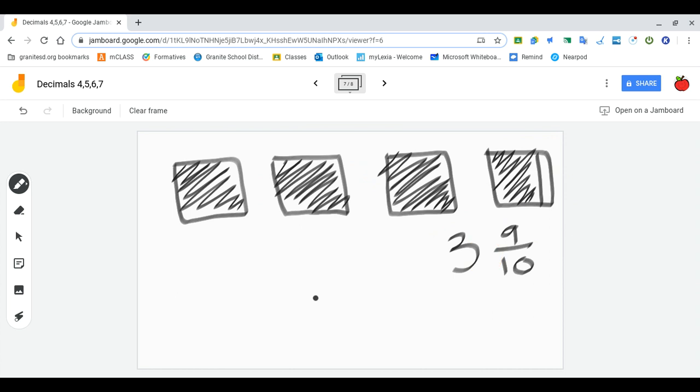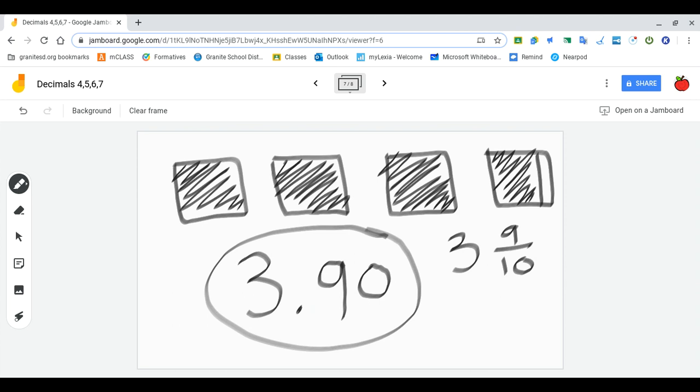So I would write this as a decimal starting with my whole number, 3 and 9/10. Both would be correct with or without that extra 0. But this digit here, my whole number, could be larger than 1.